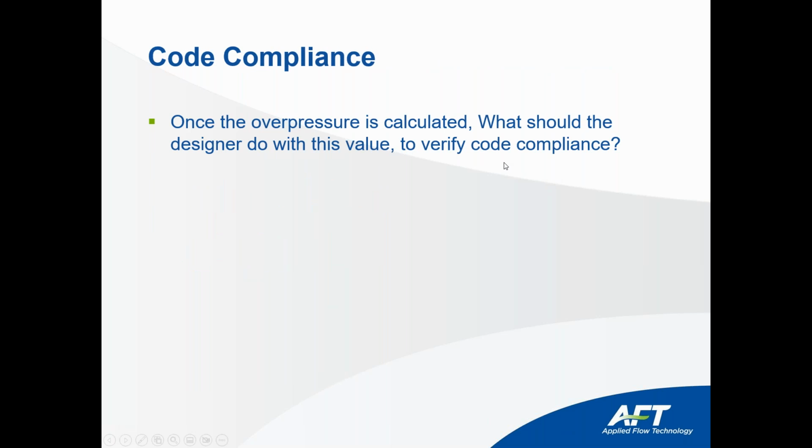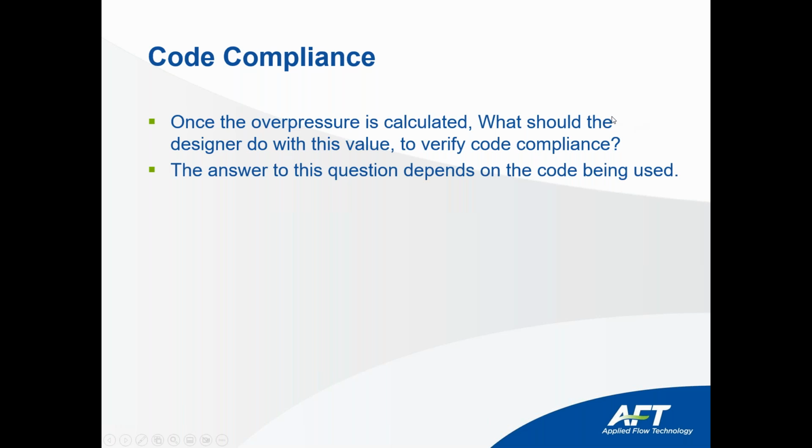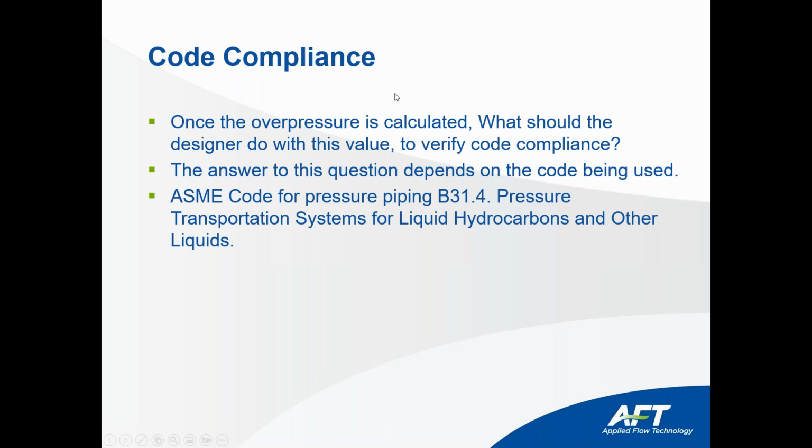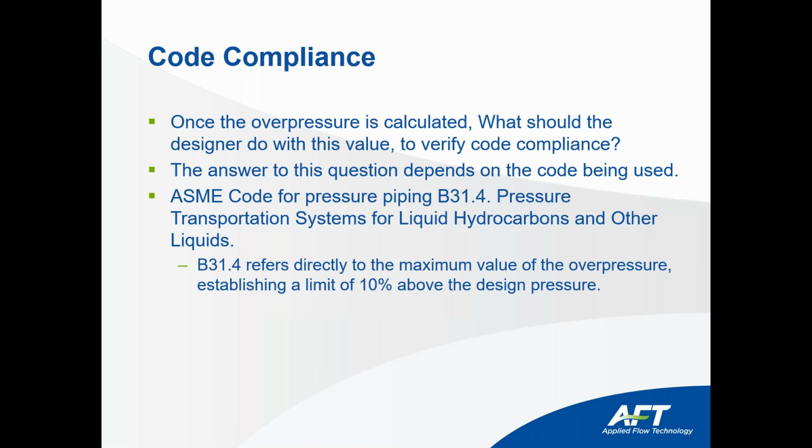So once the overpressure is calculated, what should the designer do with this value to verify code compliance? Well, the answer to this question depends on the code you're using, of course. ASME B31.4, pressure transportation systems for liquid hydrocarbons and other liquids, refers directly to the maximum value of the overpressure, and it establishes a limit of 10% above the design pressure.